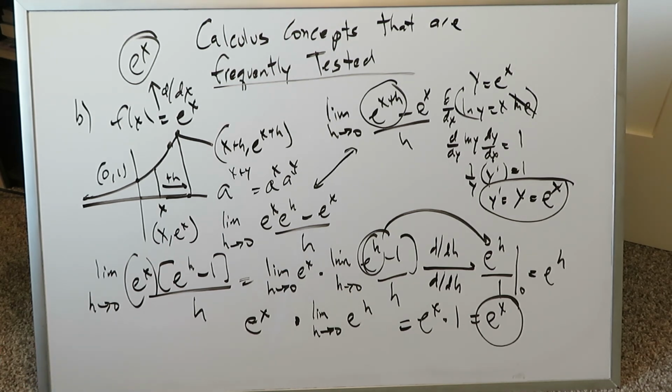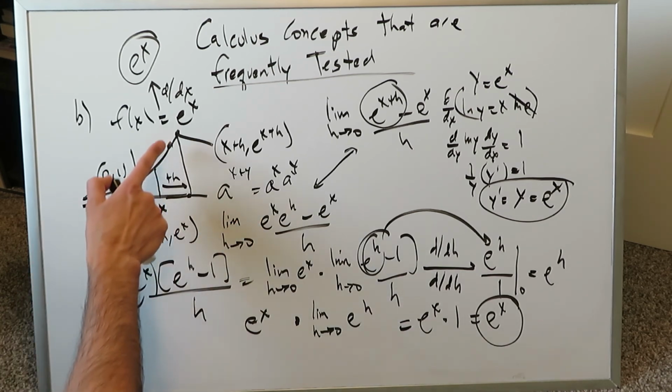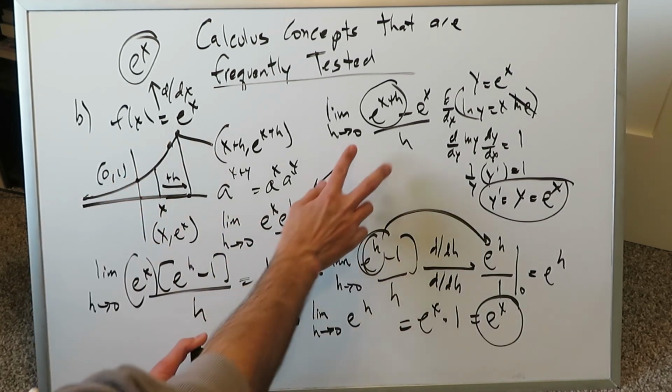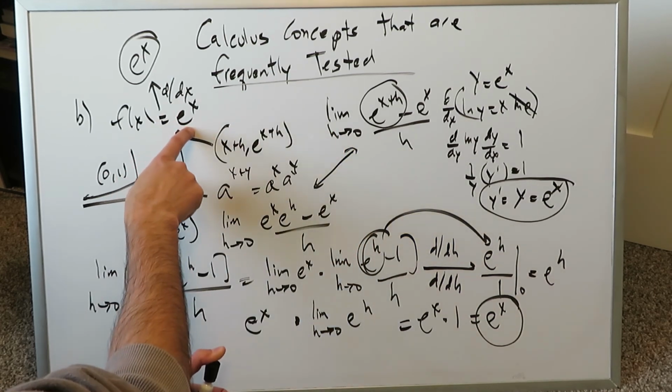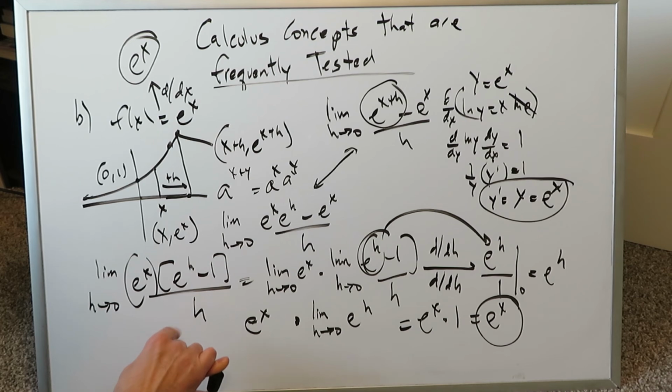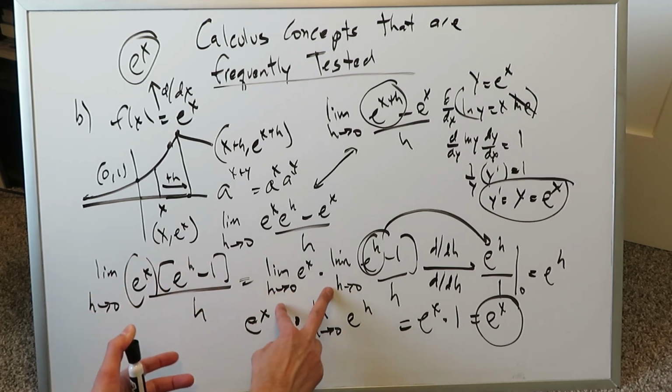So keep in mind all the factors that played into this application here. We had a graph over here from which we deciphered and determined the basic definition of a derivative, but for the function e to the x. We carried this limit expression through, separating it into the individual products of this limit, as you see over here.